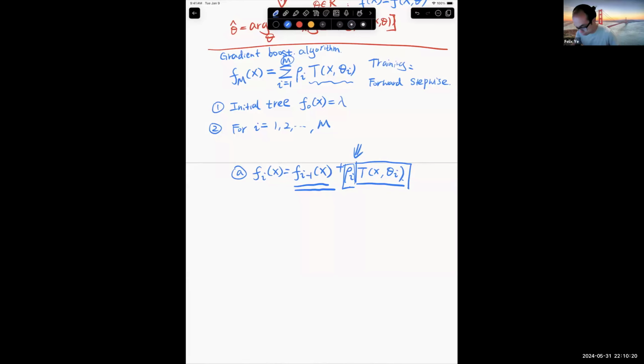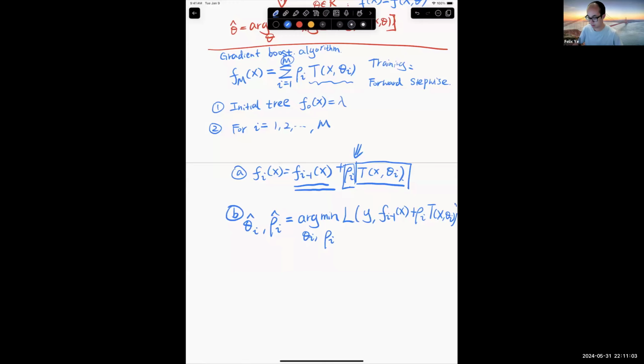We are trying to solve the following optimization problem: theta_i hat and rho_i hat equal the argmin over theta_i and rho_i of the loss of y, f_{i-1}(x) plus rho_i t(x; theta_i).